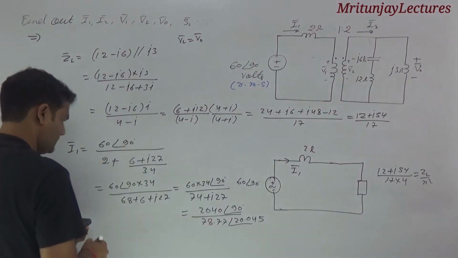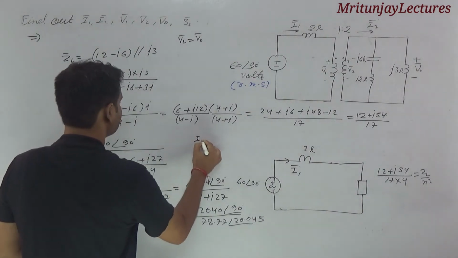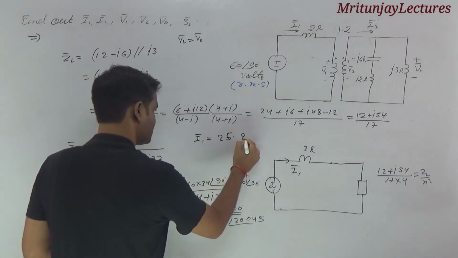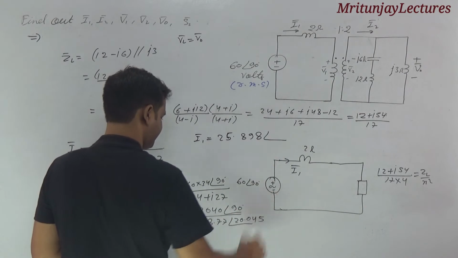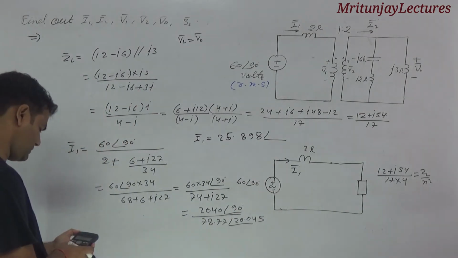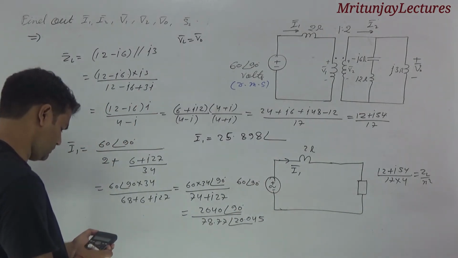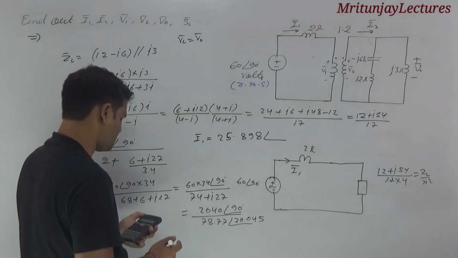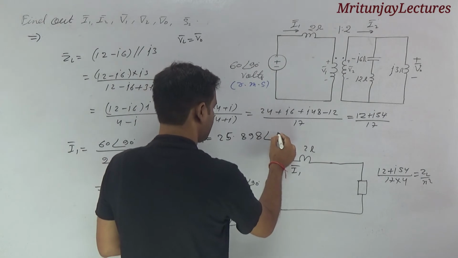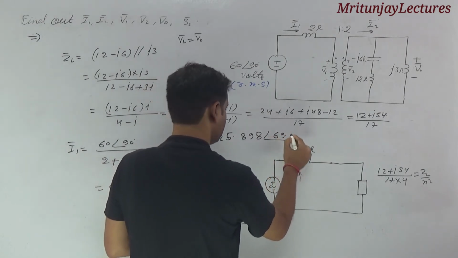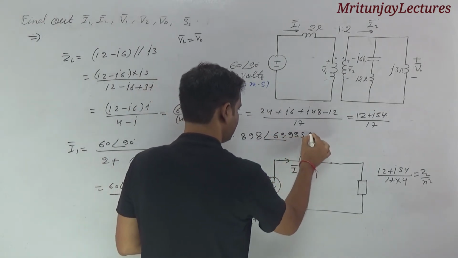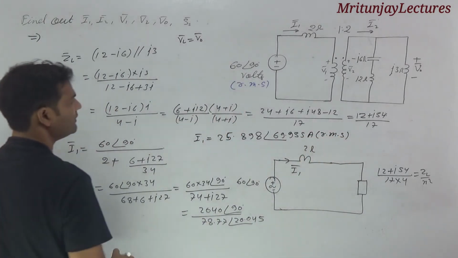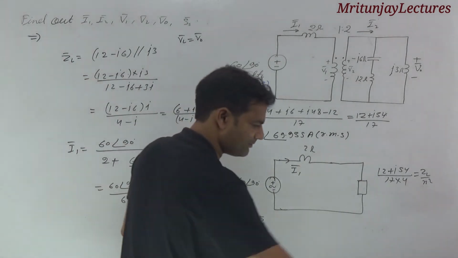So I1 is 2040 divided by that, equal to 25.898 at the angle 90 minus 20.045, that is 69.955 ampere. This is also in RMS. Okay, clear?